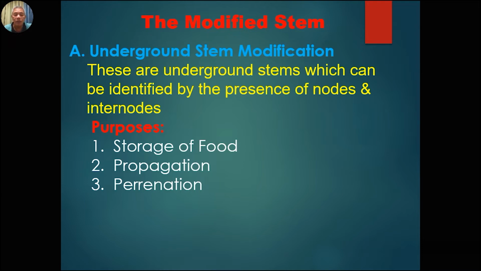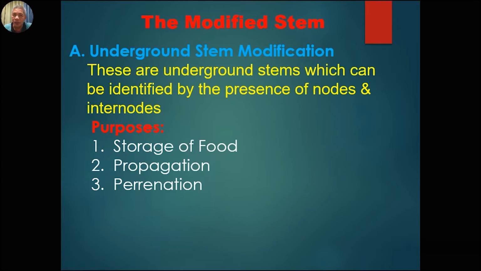Perennation is the phenomenon of a particular plant that will remain growing from one season to another.